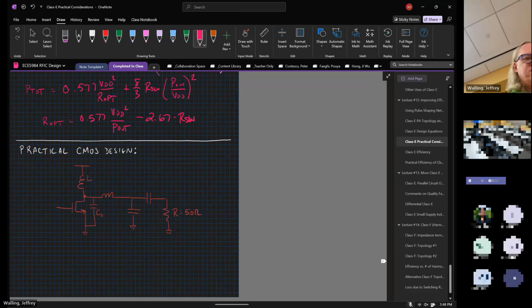The couple of keys here. In practical CMOS circuits, this is not a choke. I'm optimizing these components so that I have B opt presented to the drain of the transistor, and that B opt is equal to BCD plus B drain parasitic minus the susceptance of the inductor BL.